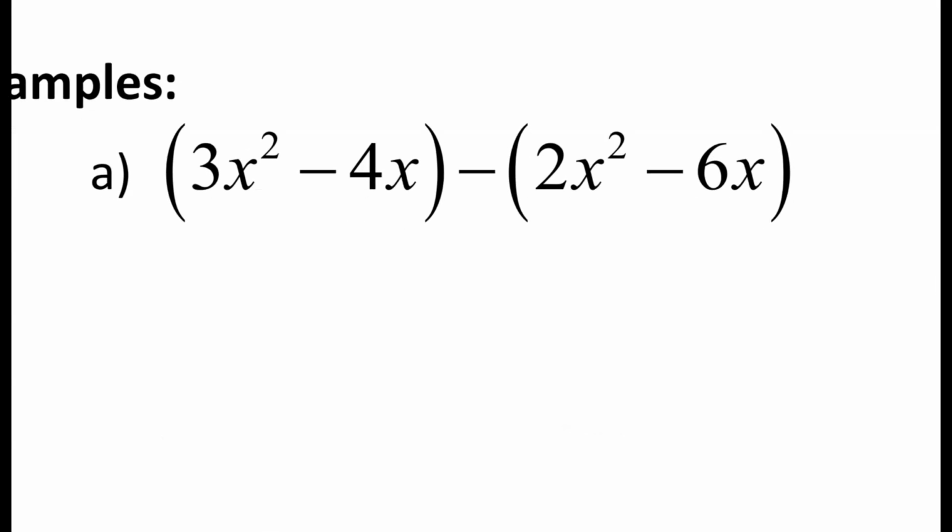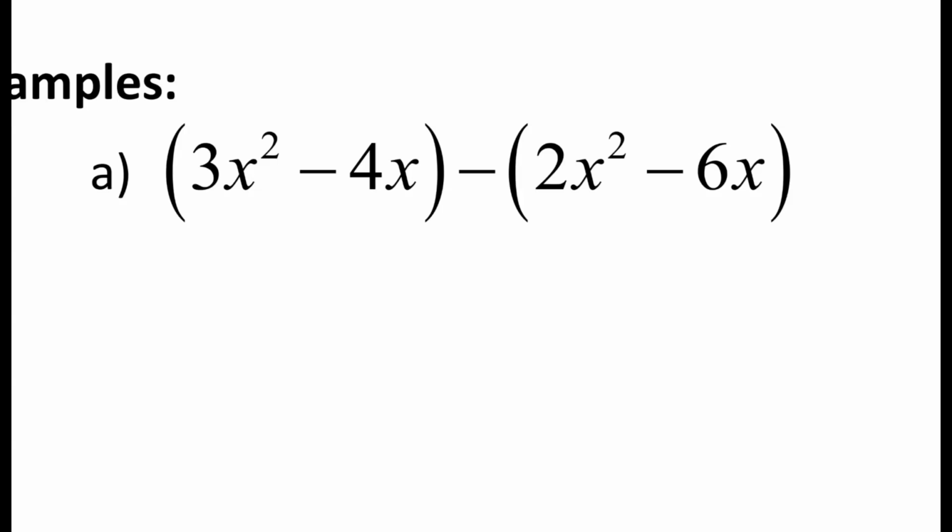In the first question, in the first set of brackets we have 3x squared subtract 4x, and then subtract, in the second set of brackets, 2x squared subtract 6x. So if we're following those steps from above, what we want to do is reverse the sign in the second set of brackets and eliminate the brackets.